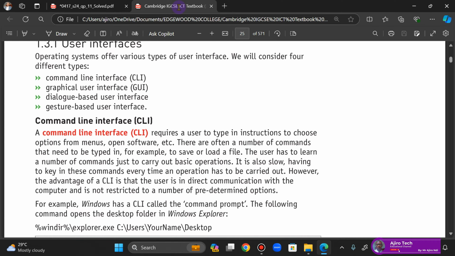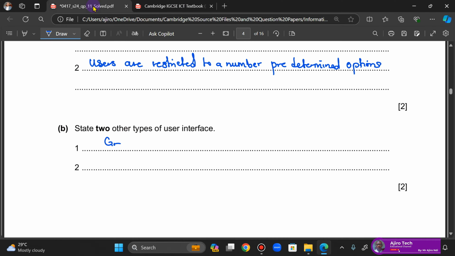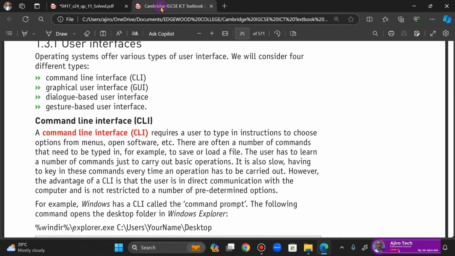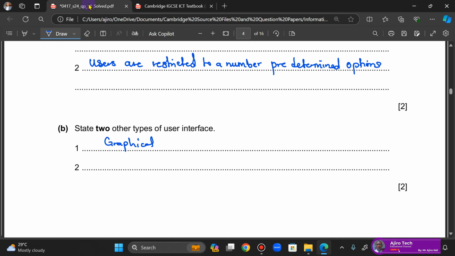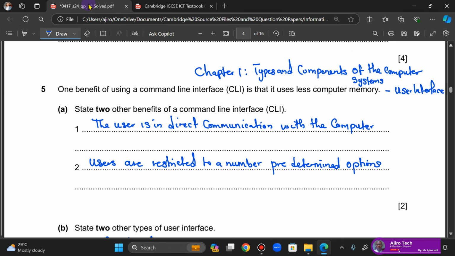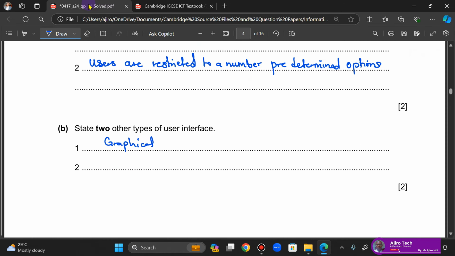We have the graphical user interface and the dialogue based interface.